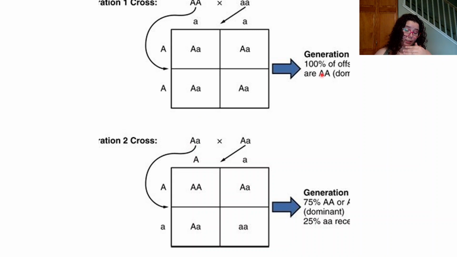Because 100% of the offspring is heterozygous, I am breeding 2 heterozygous parents, which means I get the pattern that I've seen in the last couple slides: 1 homozygous dominant, 2 heterozygous dominant, and 1 homozygous recessive.